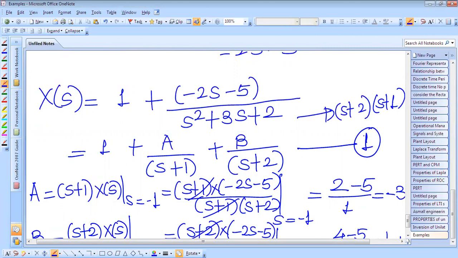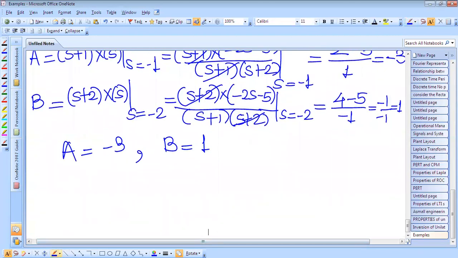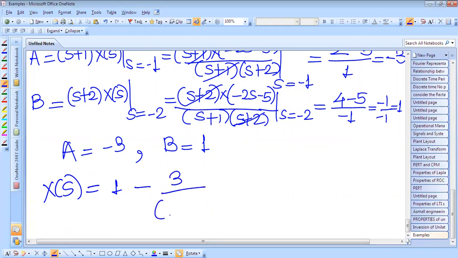In this equation we put X(s) is equal to 1 plus A, which is minus 3, over s plus 1, and B we have got as 1, therefore 1 over s plus 2.